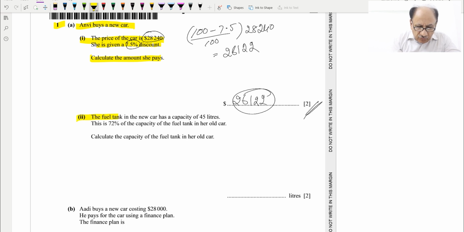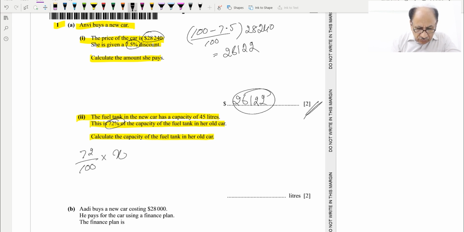Part two: the fuel tank in the new car has a capacity of 45 liters. This is 72% of the capacity of the fuel tank in her old car. Calculate the capacity of the fuel tank in her old car. So this is a reverse percentage question. 72% of the old car, which we don't know.